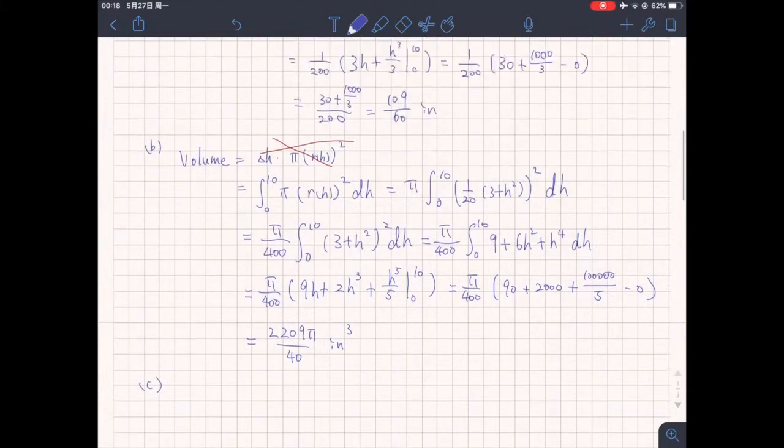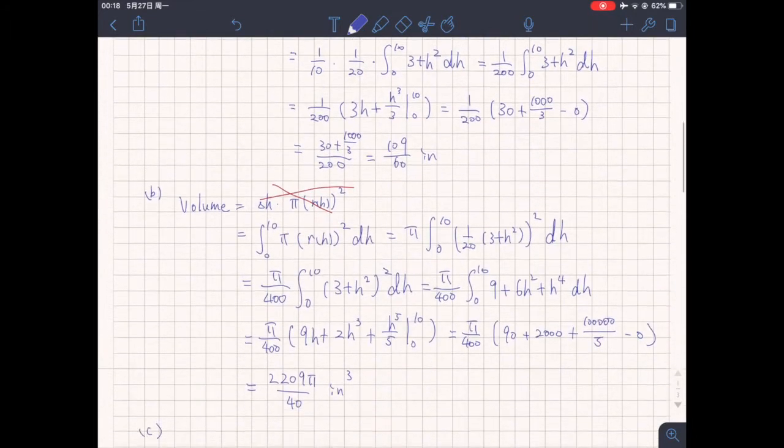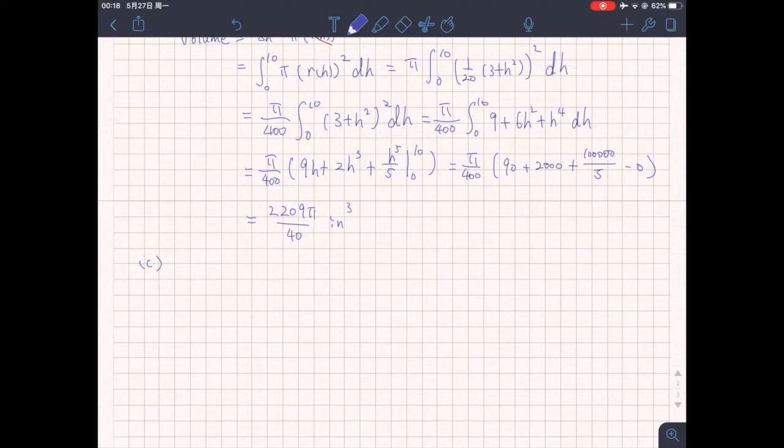Problem C. The funnel contains liquid that is draining from the bottom. At the instant when the height of liquid is h equals 3 inches, the radius of the surface of the liquid is decreasing at the rate of 1/5 inch per second. At this instant, what is the rate of change of the height of the liquid with respect to time? So let's make this clear.